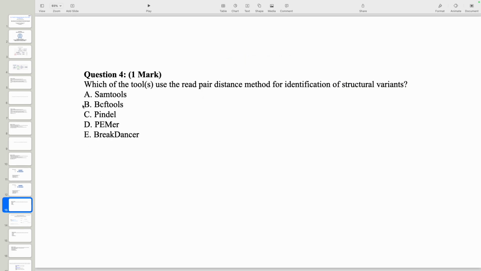Question number 4 states: which of the tools use the read pair distance method for the identification of structural variants? Please go through this question and try to answer it.